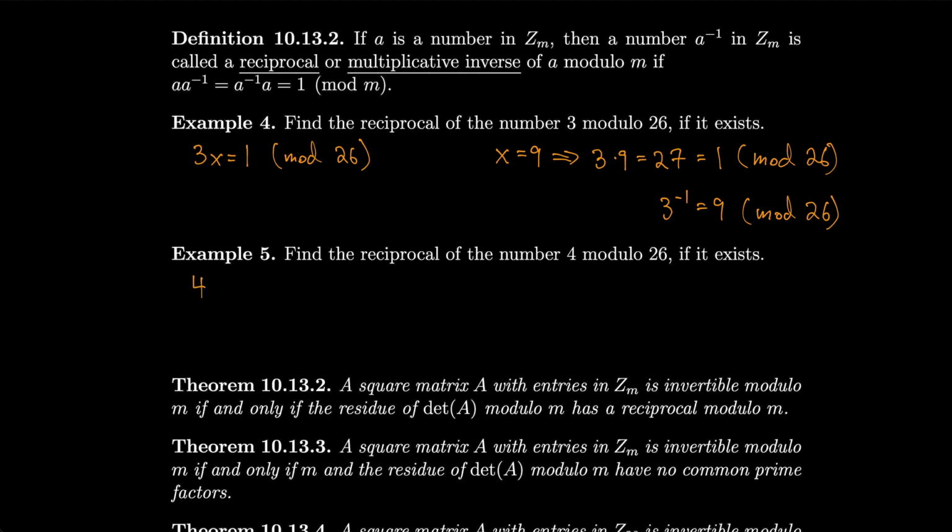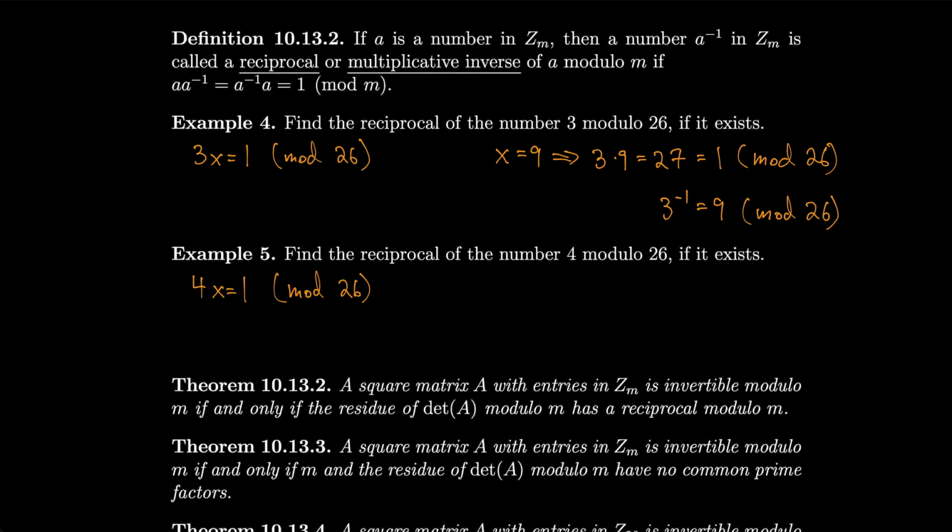For the next one, let's find the reciprocal of the number 4 modulo 26 if it exists. So we'll set 4x equal to 1 mod 26. And we'll try 0 through 25 again because we're trying all the numbers up until 26. It turns out that we won't get any reciprocal.